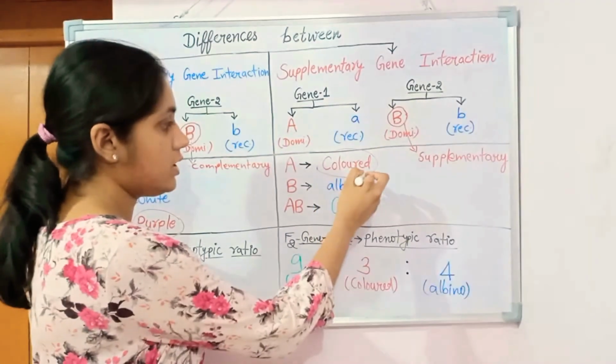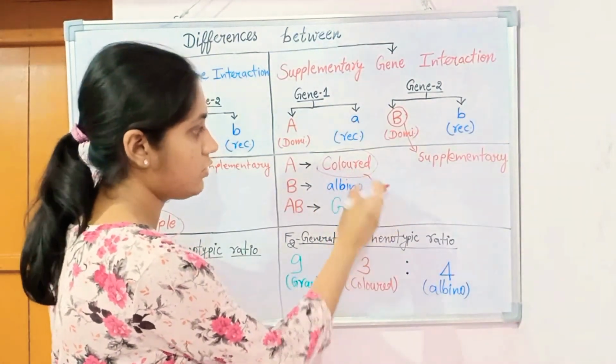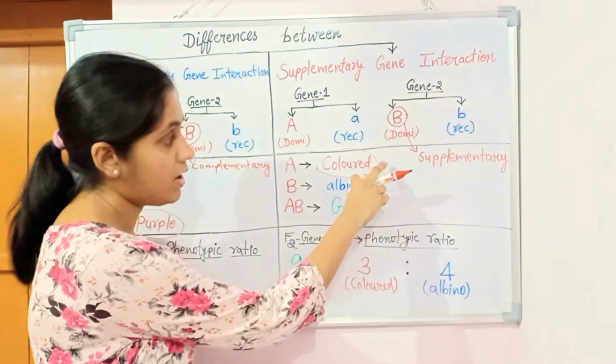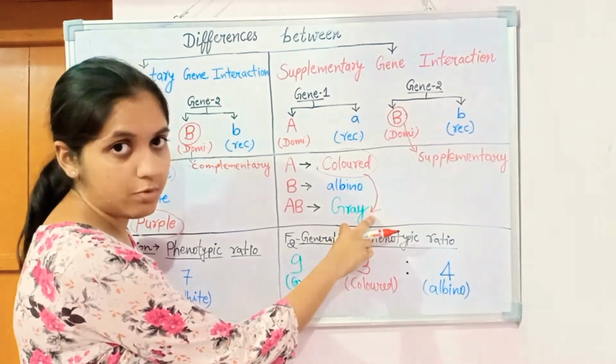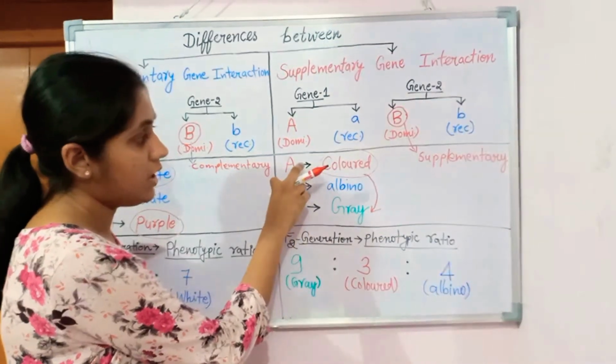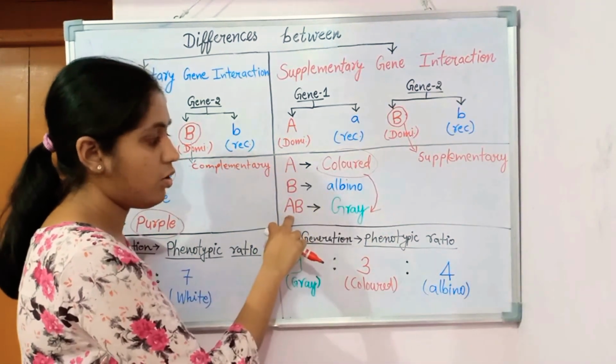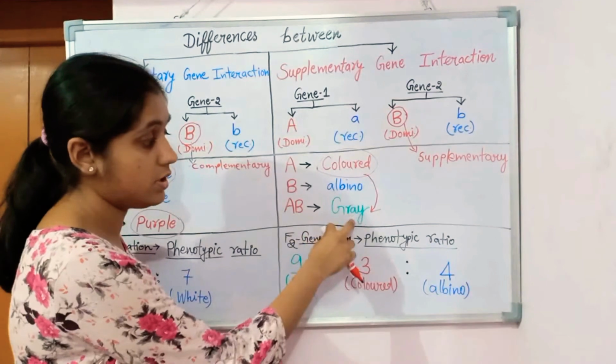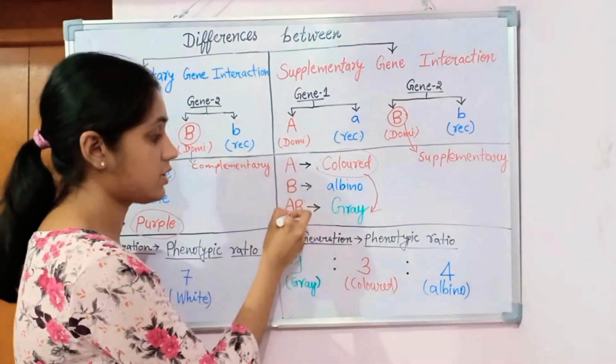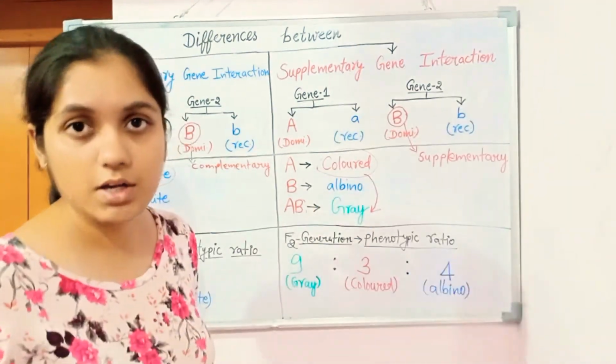So here you can see this is the modification of this colored type of phenotype to the grey type of phenotype. Capital A produces here the colored, and here capital A along with this B produces the grey because of the presence of this capital B, which is a supplementary allele.